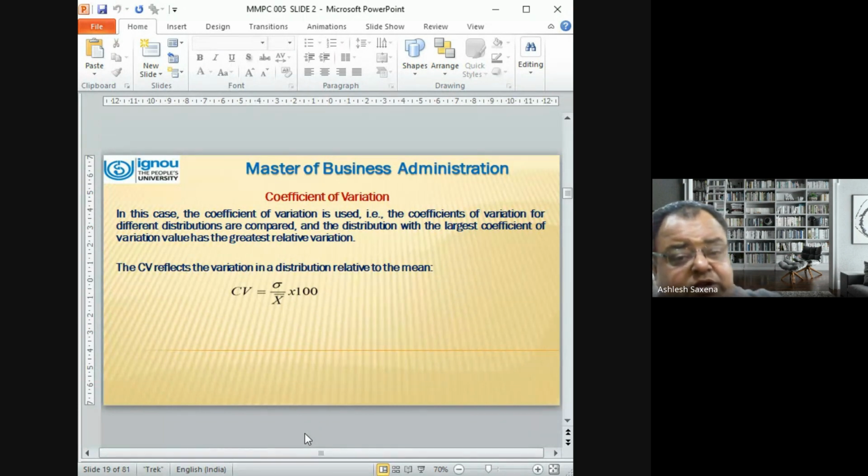The coefficient of variation for different distributions are compared, and the distribution with the largest coefficient of variation value has the greatest relative variation. For that, you should have standard deviation and the mean. That means your coefficient of variation is sigma upon mean into 100.